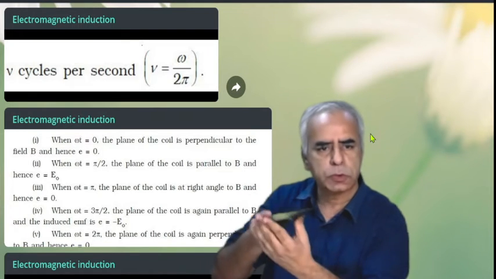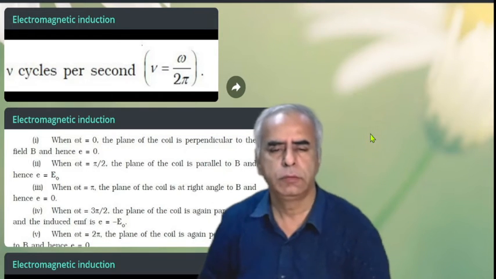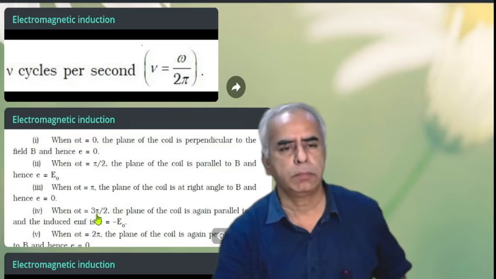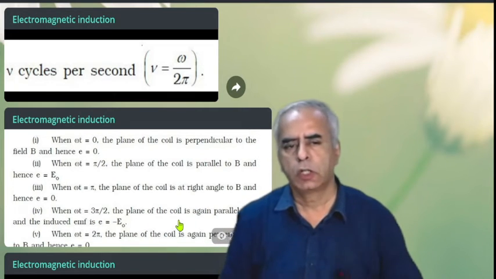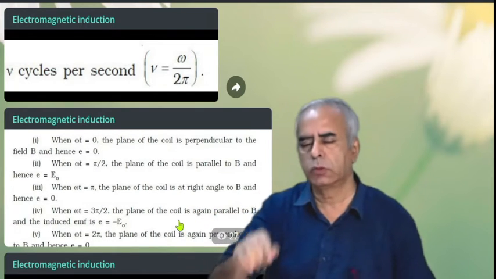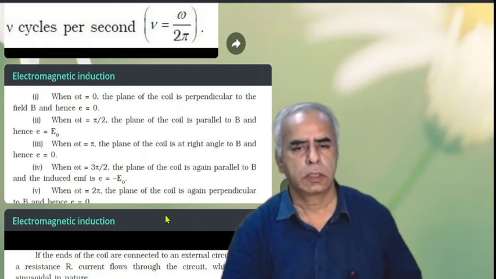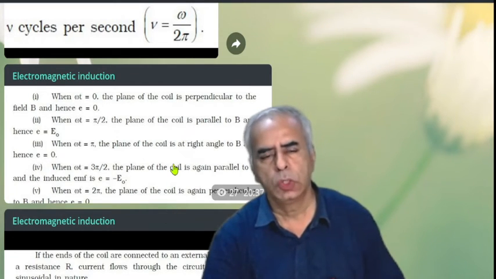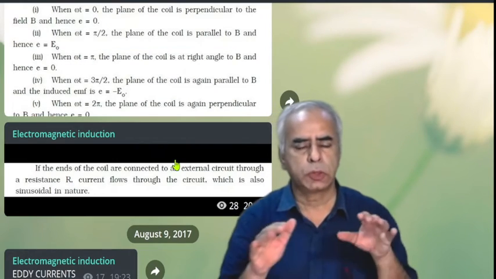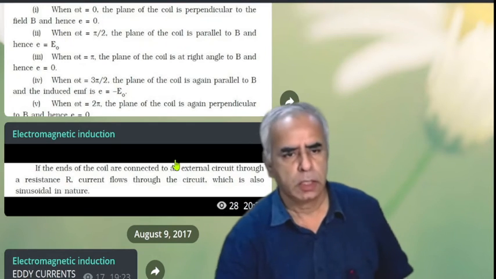It keeps rotating, and when omega t is equal to 1.5 pi, the plane is parallel to the magnetic field, and therefore there will be an induced EMF but in the opposite direction. So E is equal to minus E naught, and again when it is 2 pi, it is perpendicular to the magnetic field, so cos 90 is equal to 0. So E is equal to 0. Likewise you get alternate ups and downs in the EMF peak.